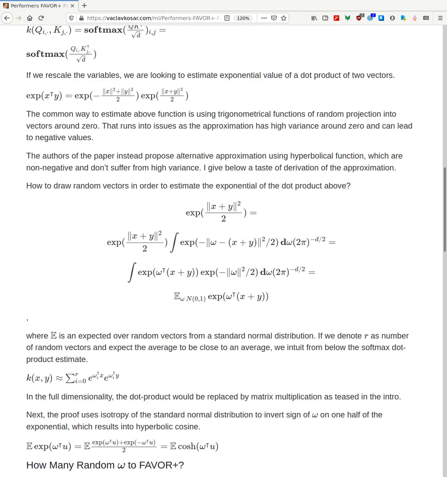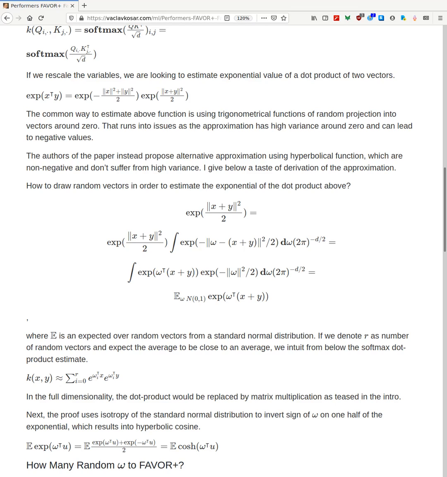So this part, the exponential of the squared norm of x plus y: how can we actually approximate this with some kind of random vectors, and where do the random vectors come from? This can be seen actually quite simply. We take this value, and we multiply it with the integral over the standard normal distribution with the mean placed in x plus y and random omega.